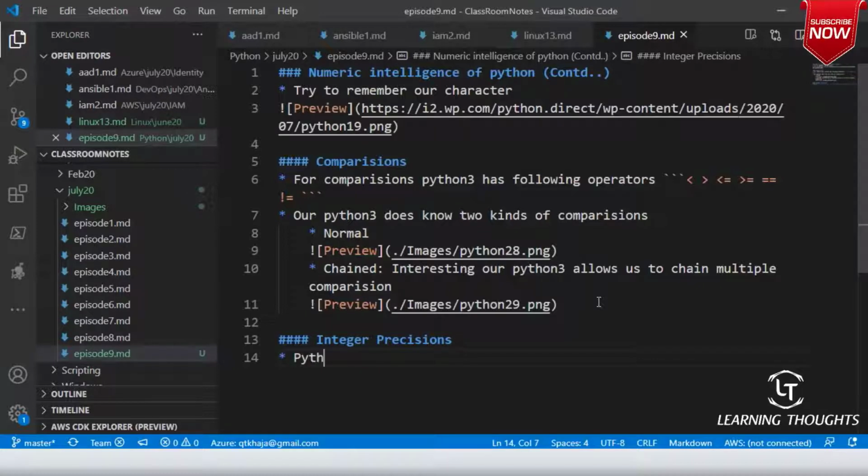Python 3 supports integers of unlimited size. Python 3 supports integers of unlimited size.